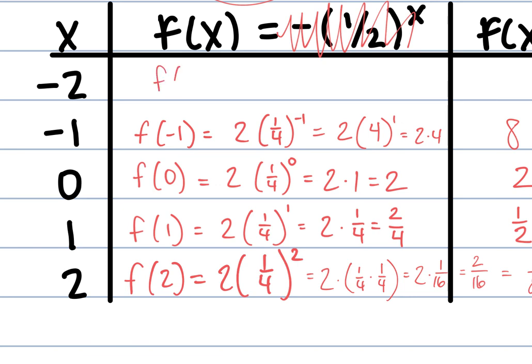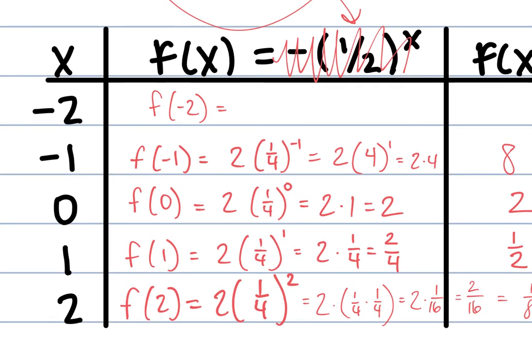Then we have f of -2, which is 2 times 1/4 raised to the negative second power. This is going to be 2 times 4 to the second power. Remember, negative exponents flip our fraction. And then 4 squared is going to give me 16, so 2 times 16, which gives me 32.